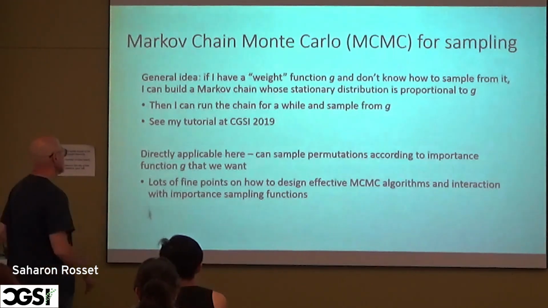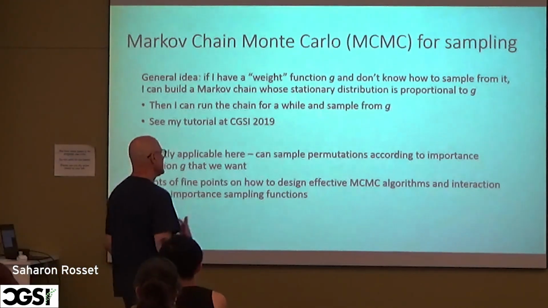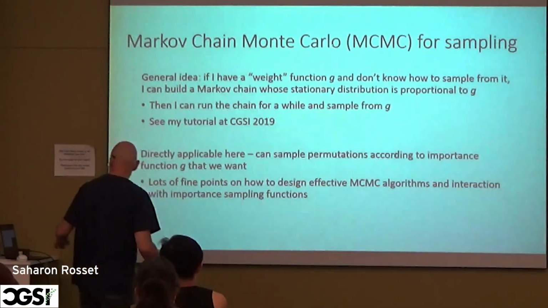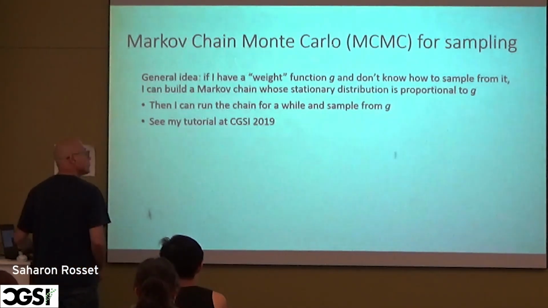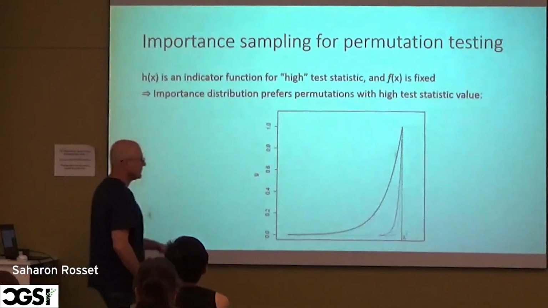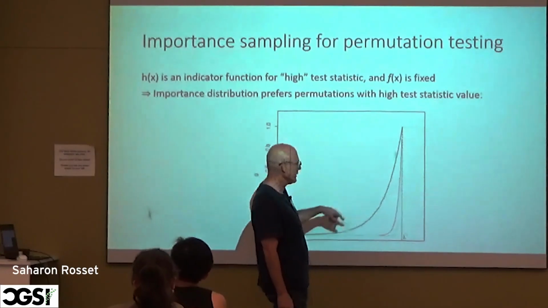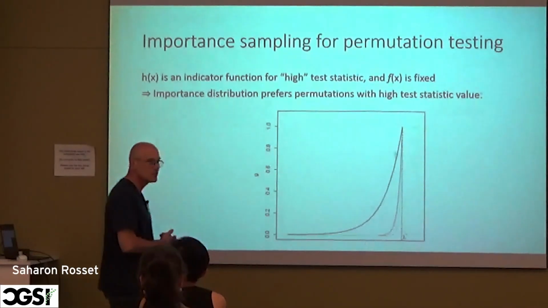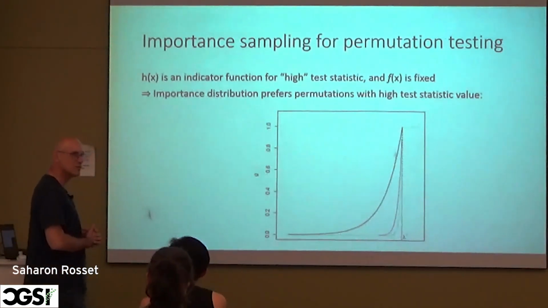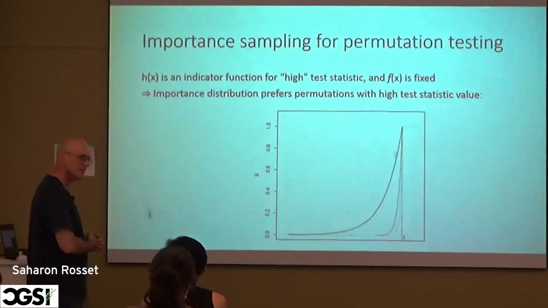And here there's lots of fine points on how to actually design effective MCMC algorithms, and that's related to the fact that I can't really implement an MCMC algorithm for a step function. I need these continuous functions so I can do a Markov chain, and I can run the Markov chain efficiently.